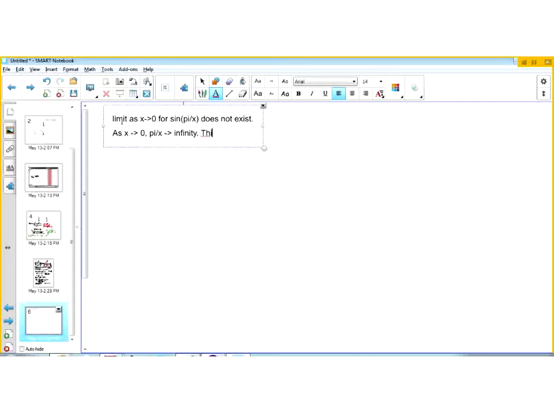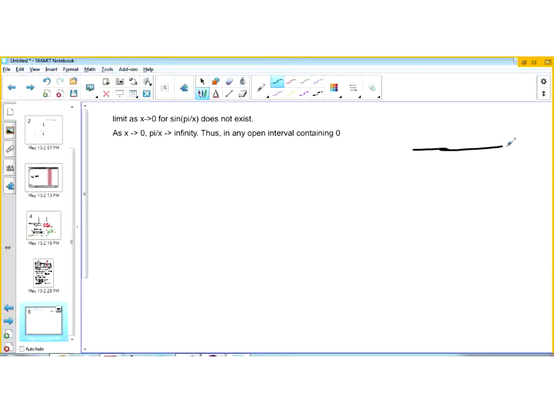Okay, so thus, in any open interval containing 0, y'all know what I mean by an open interval containing 0? Let me show you. So here's an open interval. Here's 0 on my x-axis.